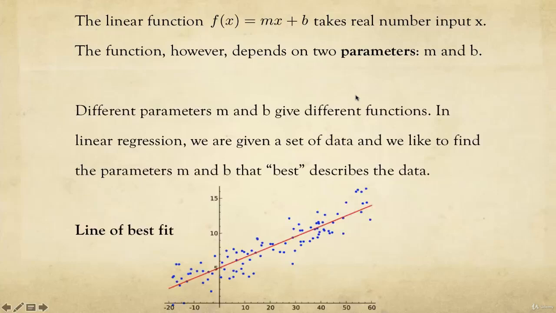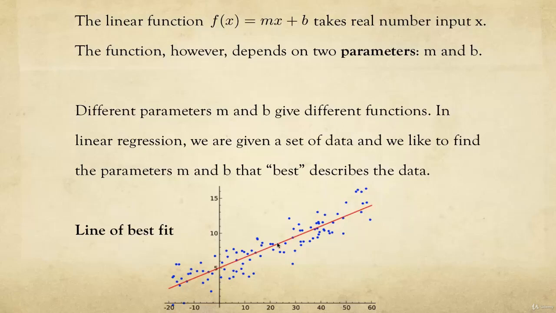As an example, you might have done linear regression in pre-calculus or in algebra, and the idea is that we have some kind of data, maybe a scatter plot, and we want to find the line of best fit. And the way it works is that there are many parameters m and b that do not describe this data, and the goal of linear regression is to find the best possible parameters m and b that describe the data.